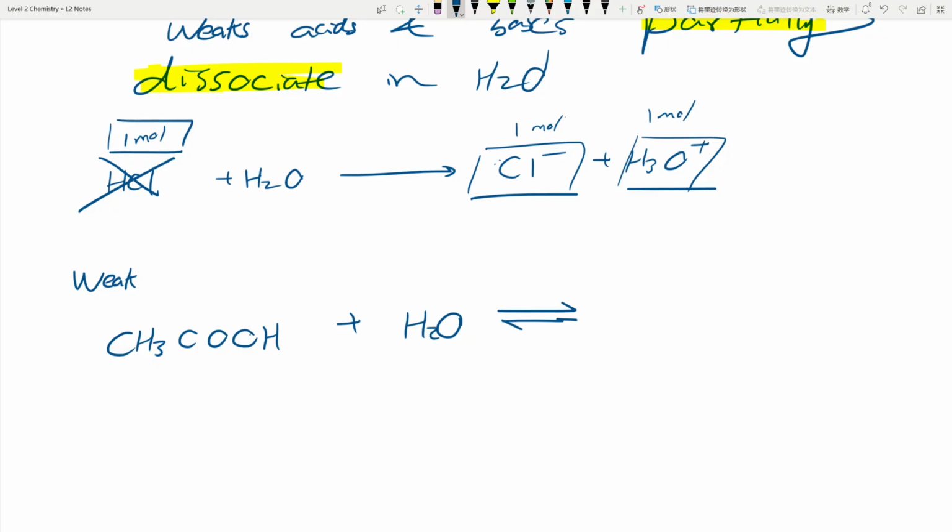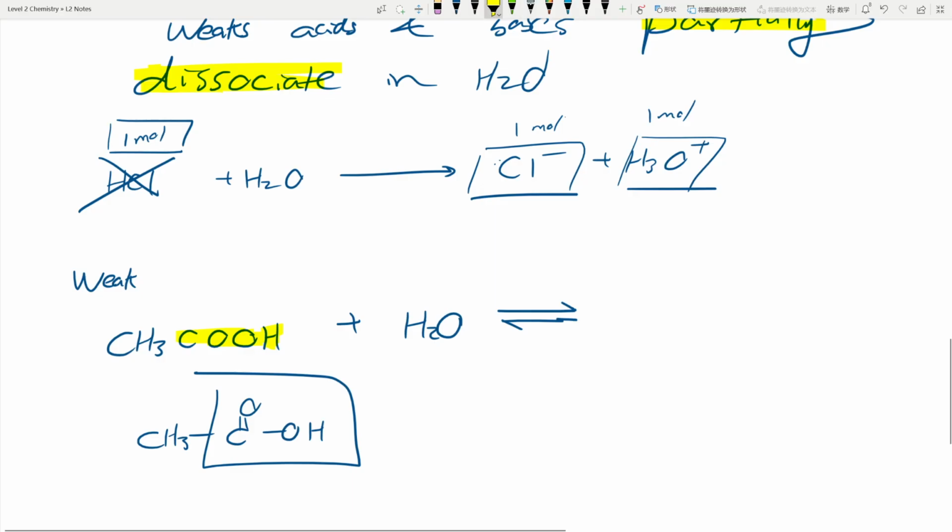This is a weak acid, so again, by definition, acids donate an H plus ion. So this is where you need to think about the functional group. This is your functional group, and for those of you that are not so confident with organic, this is CH3COOH. It is always going to be the functional group that does something.